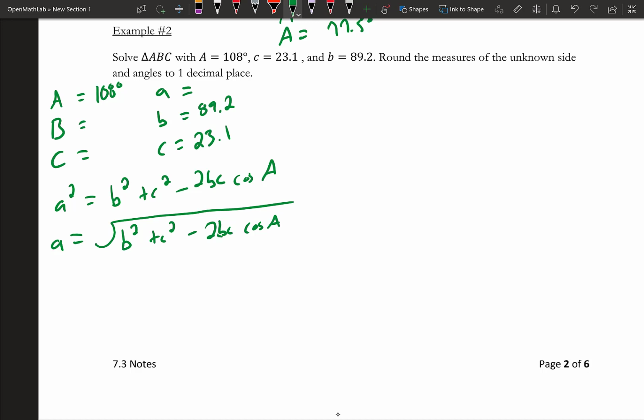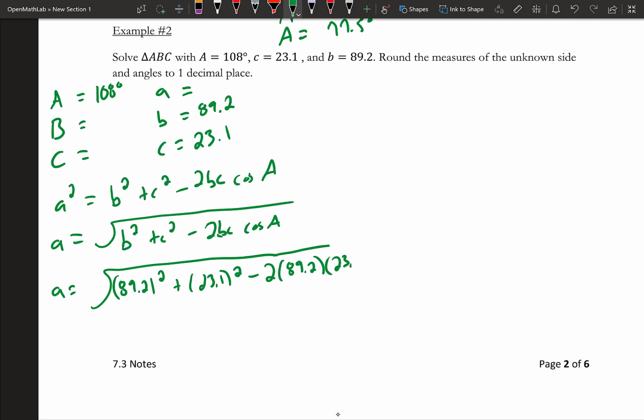So then A would equal the square root of 89.2 squared plus 23.1 squared, so just filling in these values that we know, minus 2 times 89.2 times 23.1 times cosine of 108 degrees. So if you throw that in your calculator, A turns out to be 98.8.